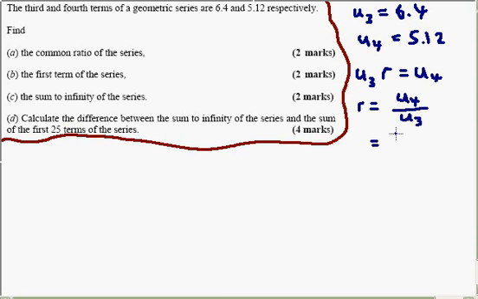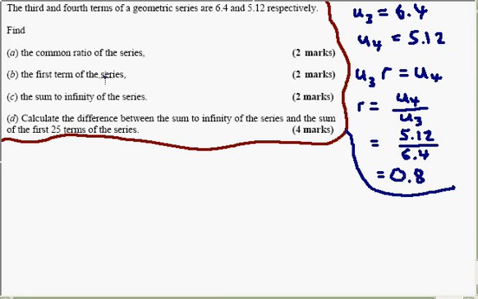So what we need is 5.12 divided by 6.4, which we can easily do on our calculator, and that gets us 0.8. So that is R, which answers our first 2-mark question.